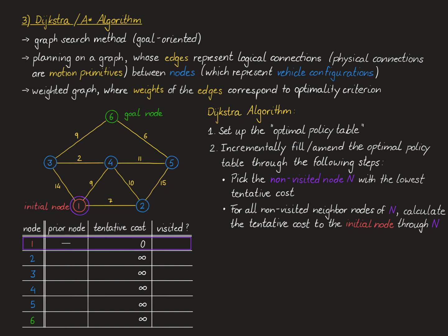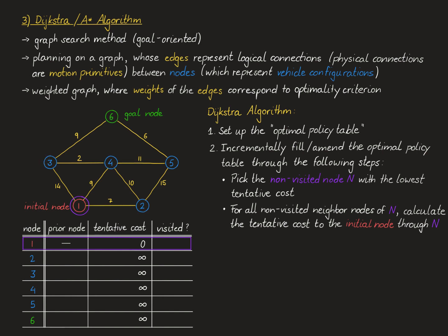Then, for all neighboring nodes of the selected node n, calculate the tentative cost of going to the initial node through n. In the case of our example, this means the following. Recall that the selected node n here is the initial node, and the neighboring nodes are the nodes 2, 3, and 4.